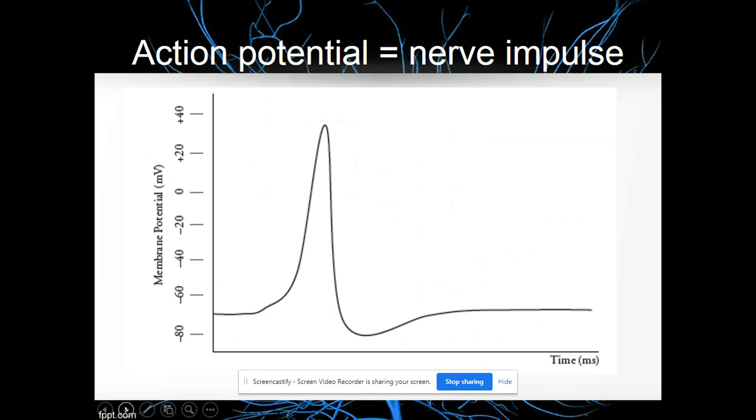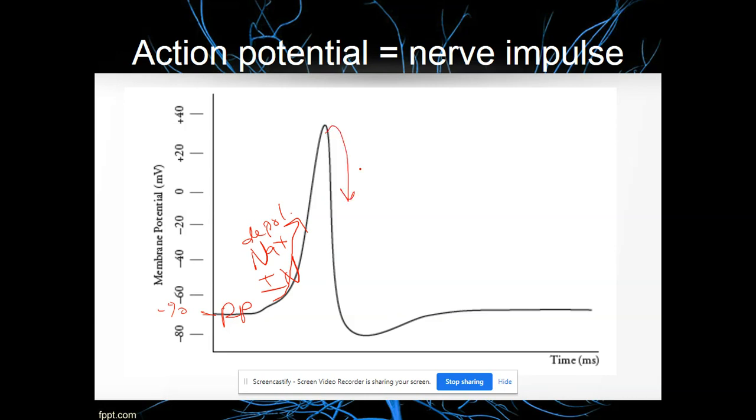That graph you actually have to have memorized. So make sure that you can edit, annotate a graph of the action potential. Here we're starting at about -70 millivolts at resting potential. Here we have depolarization occurring as sodium ions are going into the cell.